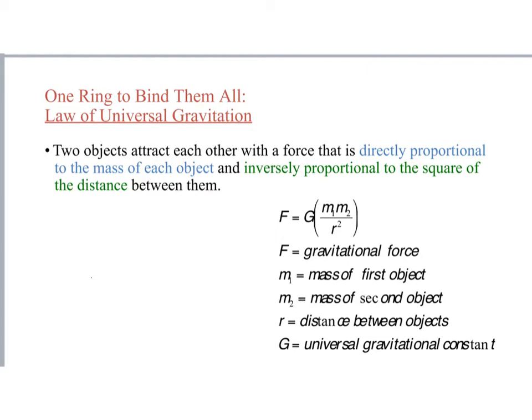So it kind of looks like this. We have mass 1, and we have mass 2. There is a distance between them, and that is r.